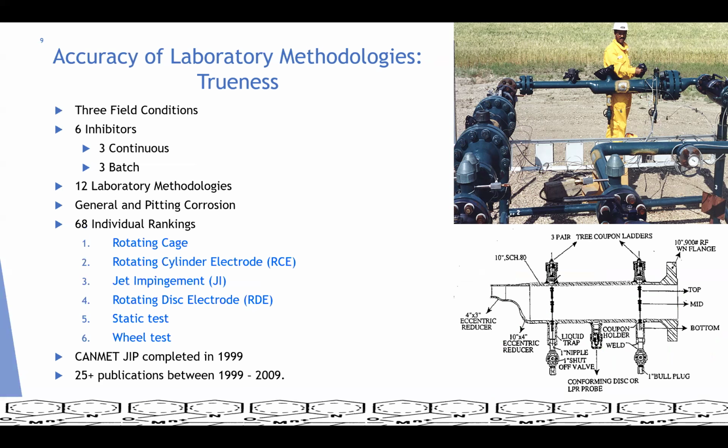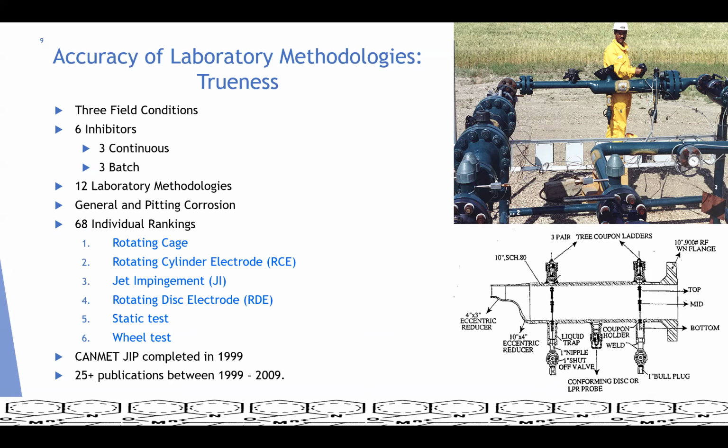In that project, three field tests were carried out using six inhibitors. Three of them were continuous, three of them were batch inhibitors. In total, 12 lab methodologies were evaluated, both atmospheric pressure as well as elevated pressure. And all the comparisons between field and lab were done based on both general corrosion rate as well as pitting corrosion rate. That project made 68 individual rankings.